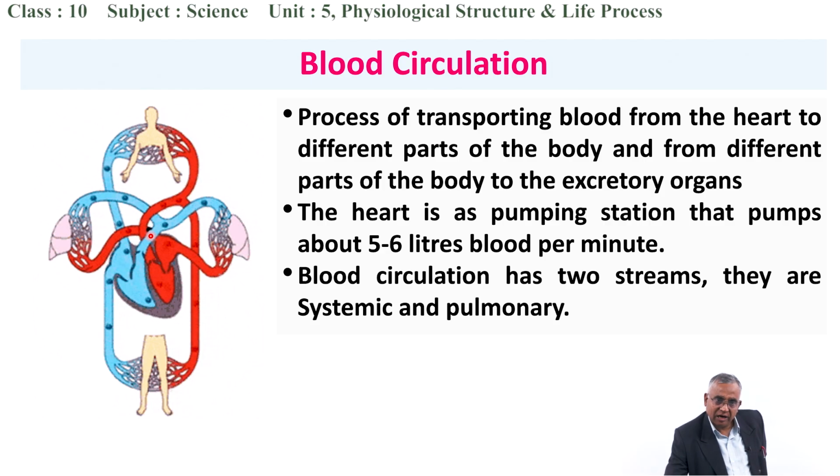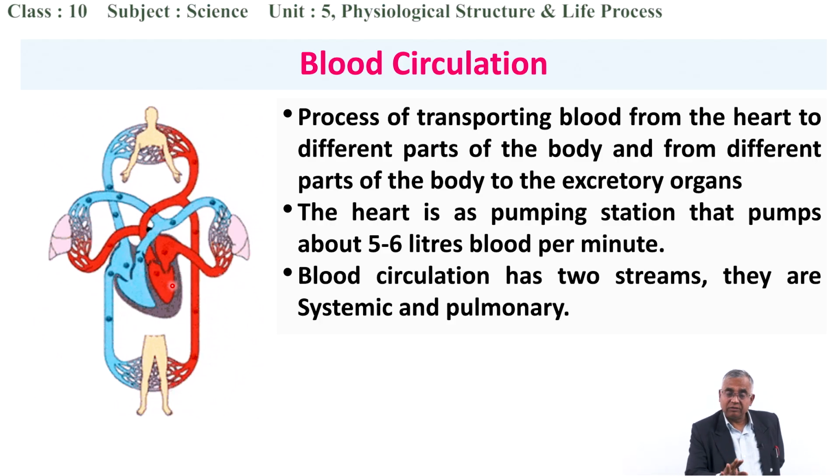One stream starts from the left ventricle, passes to different parts of the body, and then comes back into the right auricle. And another stream starts from the right ventricle, passes to the lungs, and then comes back into the left auricle. So that is another stream.